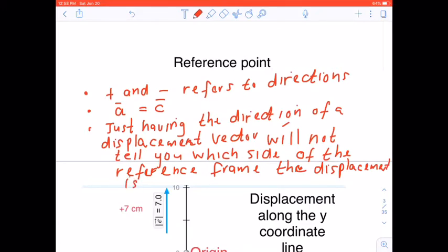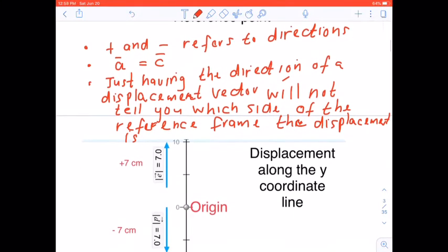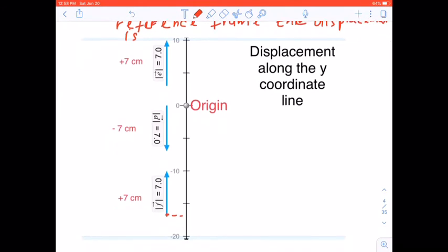That's important. So you need to know what the positive and negative sign indicates when we're dealing with displacement.